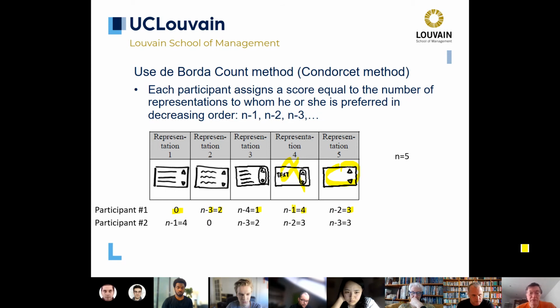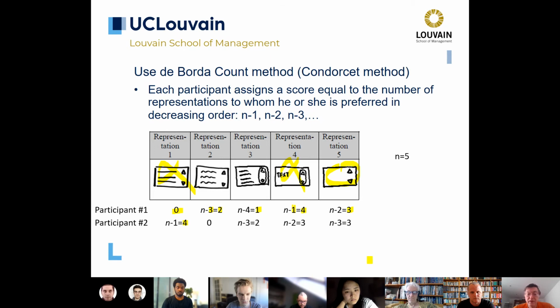The second participant, of course, did the same, but may have a completely different preference. In this case, the participant prefers representation number 1 instead of number 4. So a score of 4 is assigned to this representation.